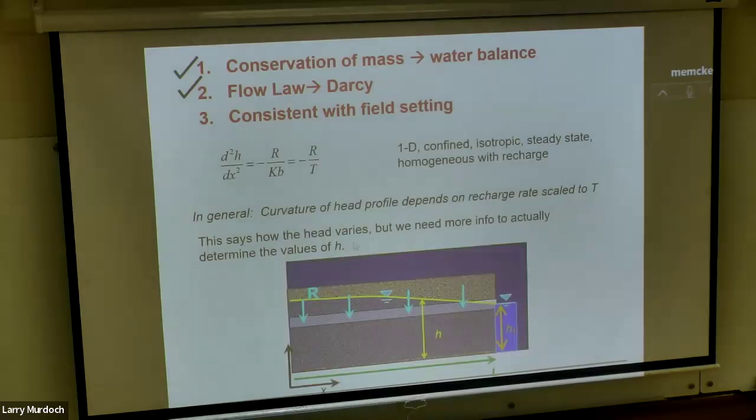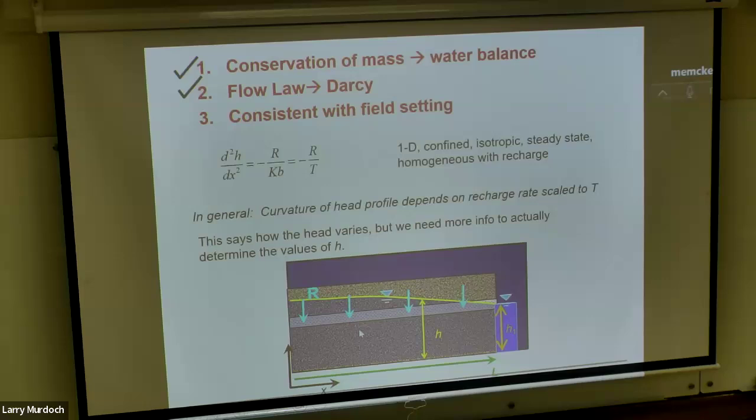For that, we're going to need some additional information. And here's our problem. What we're trying to do is determine this curve here. That's the hydraulic head. And this thing here says how the heads have to behave in here.